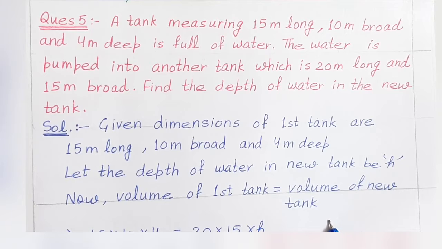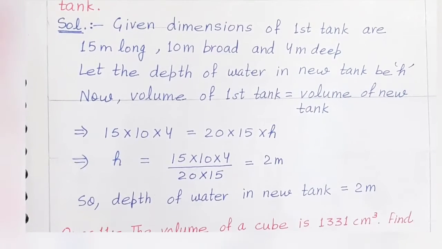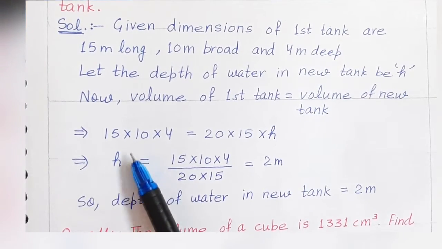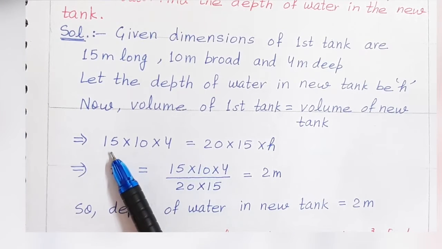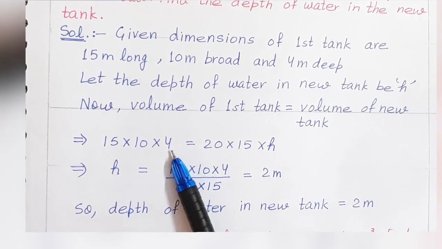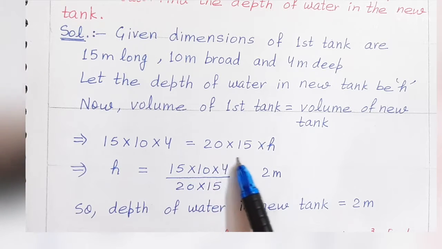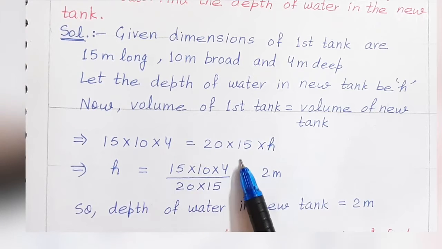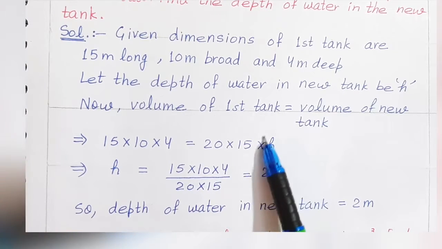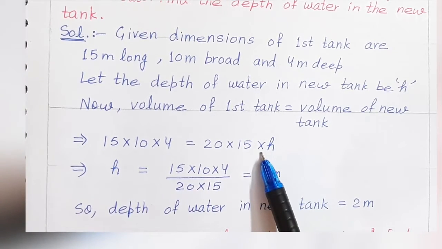Now students, what are the dimensions of first tank? That is 15 into 10 into 4, that is length, breadth and height. And the dimensions of second tank are 20 meter into 15 meter and height is not given to us.